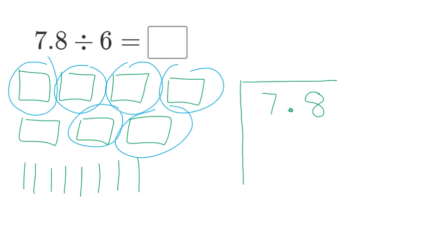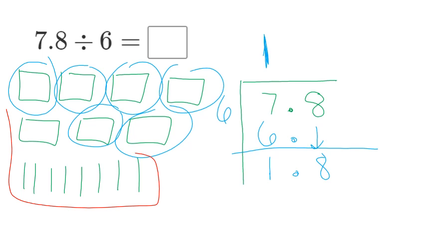So I know for a fact that would give me 1 whole. And I know that with 6 groups, I'd have 1 whole left over, and then I would have another 8/10 left over, which is what we see here outlined in red.